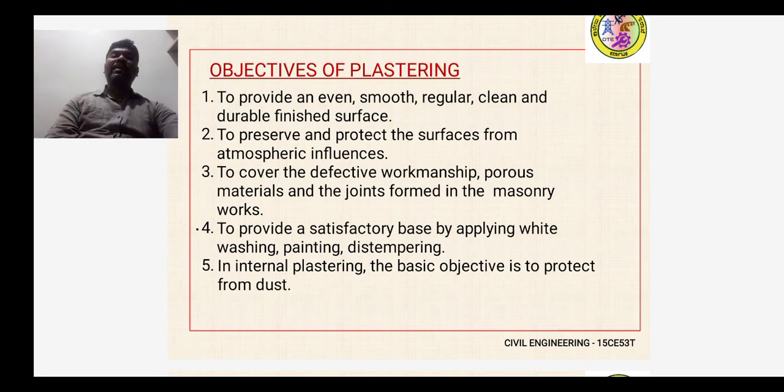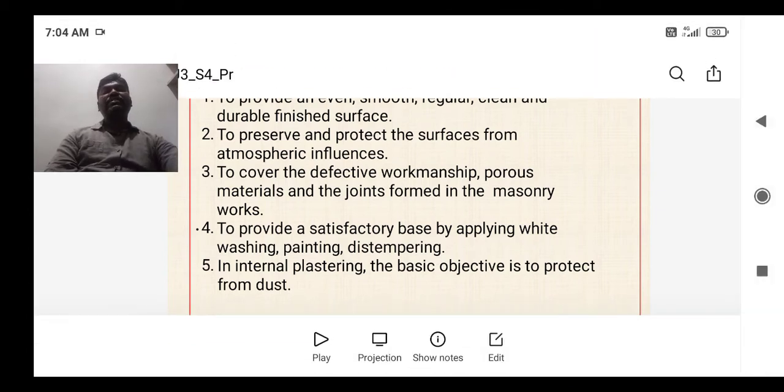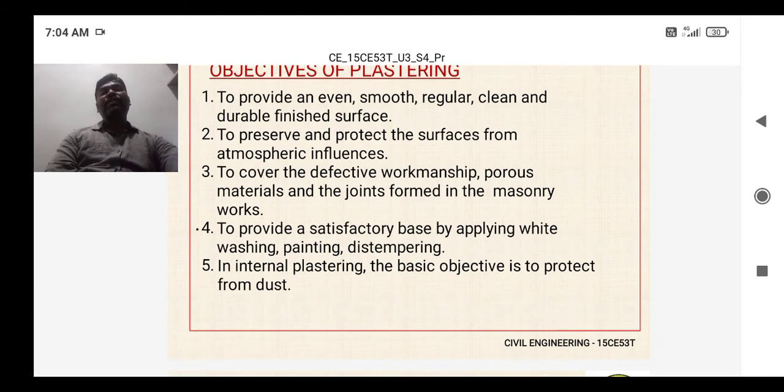Objectives of plastering: to provide an even, smooth, regular, clean and durable finished surface; to preserve and protect these surfaces from atmospheric actions or influences; to cover the defective workmanship, porous materials and the joints formed in the masonry works; to provide a satisfactory base for whitewashing, painting, distempering; and in internal plastering, the basic objective is to protect from dust.